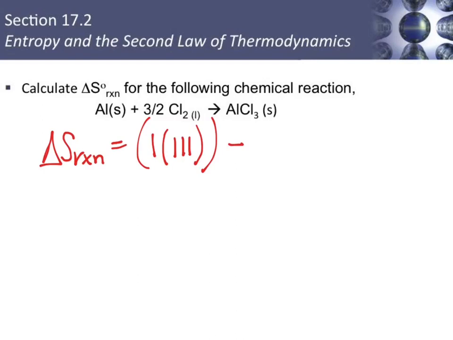We're going to subtract the sum of the 1 aluminum, and aluminum is 28, plus the 3/2 chlorine, and chlorine is 0.